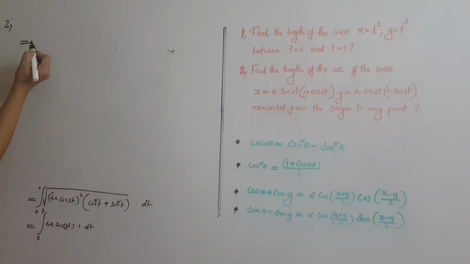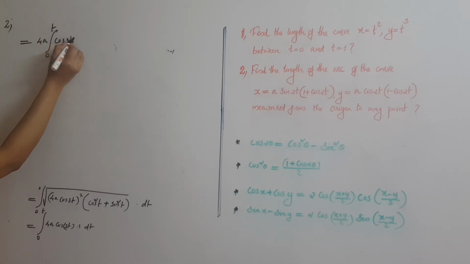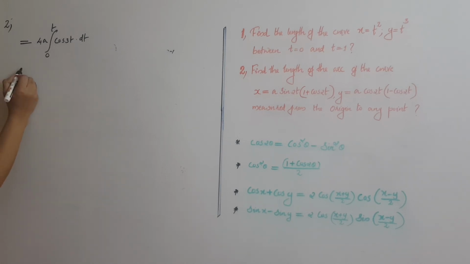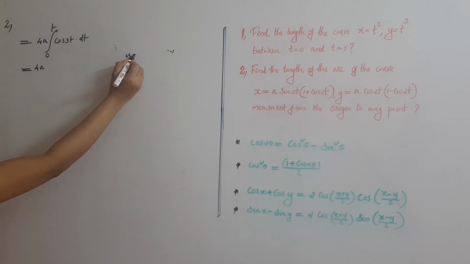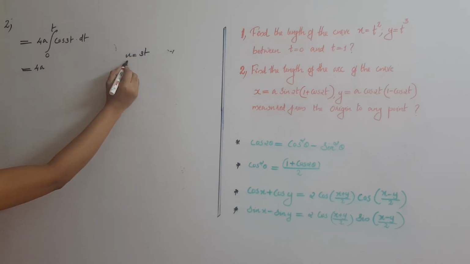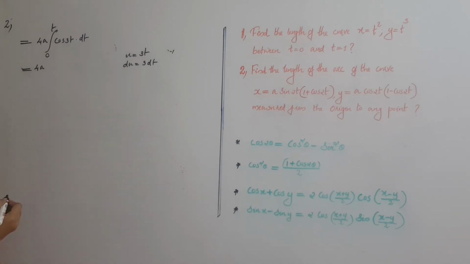Is equal to, take 4a outside of the integral into integral 0 to t cos 3t into dt. Is equal to 4a into, put u is equal to 3t, then du is equal to 3 dt.